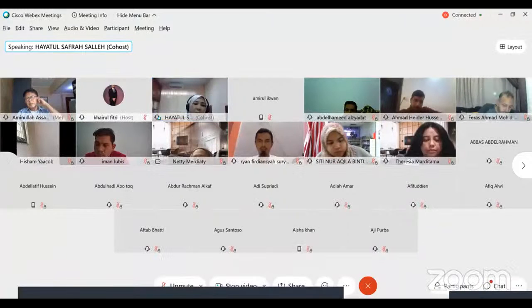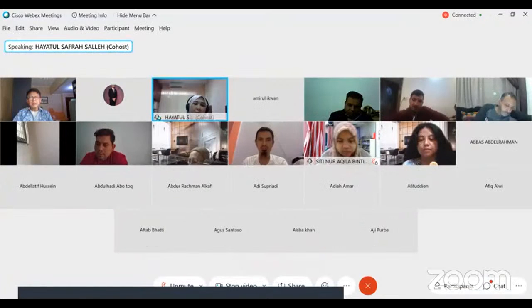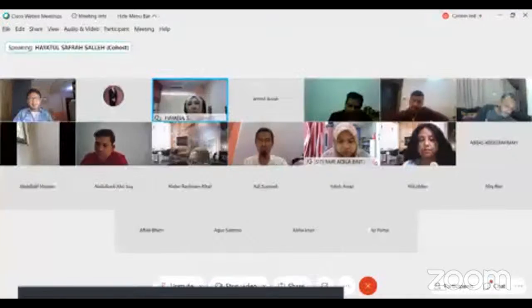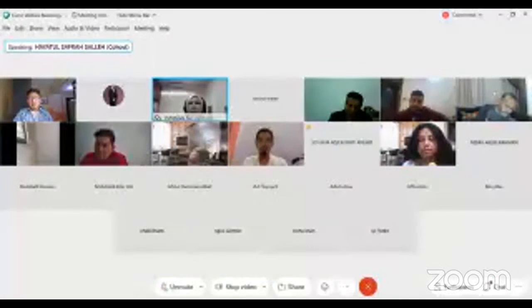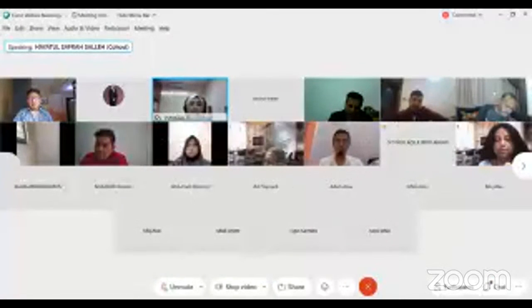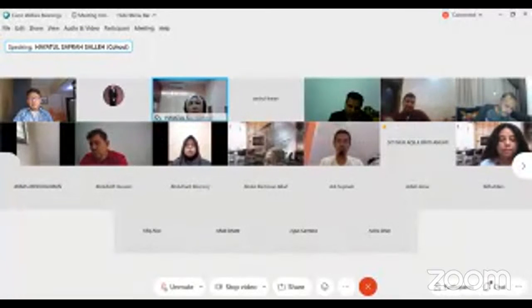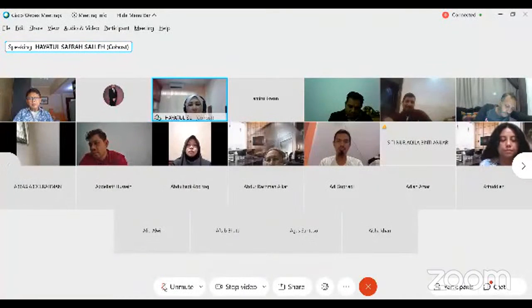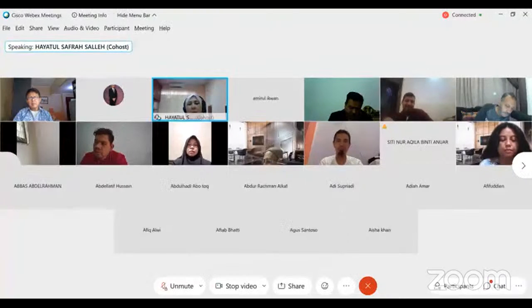Please make sure your references, your journals, and your articles are from Scopus or from WOS. When you use their measurements or items, normally Q1 papers include the measurement at the end of the articles.